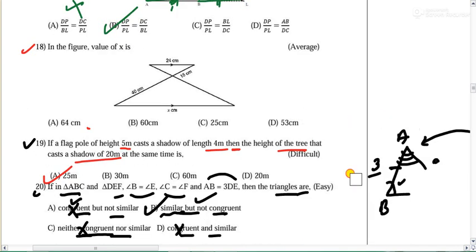Can anyone tell me the answer? Which condition are you using to prove they are similar? You need to find the value of X. So how are you going to solve it?